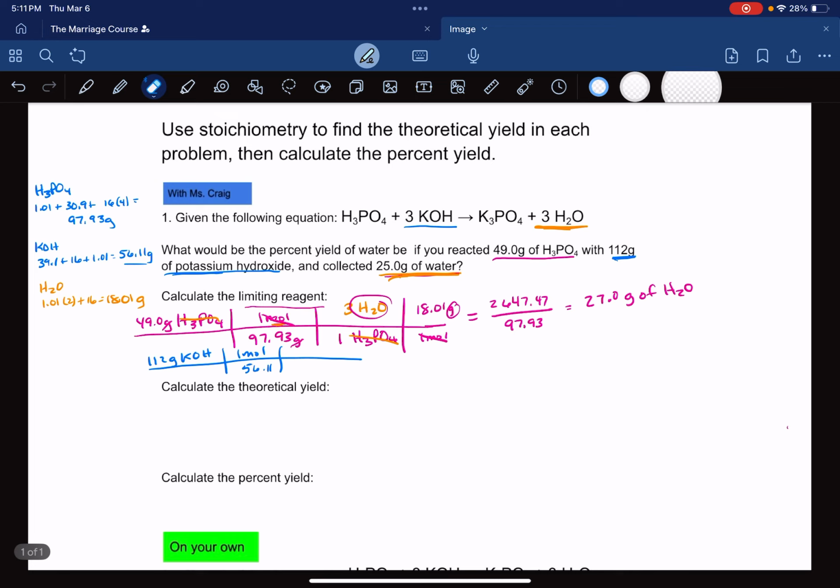Then I want to cancel the potassium hydroxide, and so I'm going to pull it from here, 3 KOH. And then I'm looking for water. So I'm going to put the 3 moles of water on top. And last step, the molar mass of water.